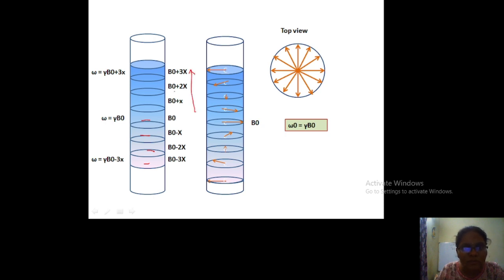The field becomes B naught plus X, then B naught plus 2X, and at the top the field will be highest, that is B naught plus 3X. But as you move down from B naught, the effect of the negative field increases. So the field here will be B naught minus X, here B naught minus 2X, and as you move down near to the coil, the negative effect will be highest, that will be B naught minus 3X. So this X is an arbitrary number.